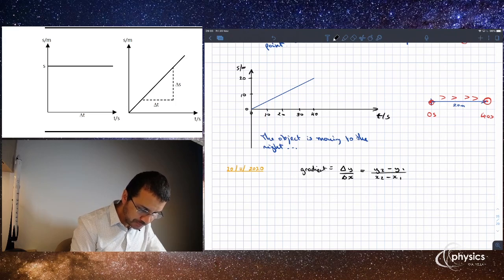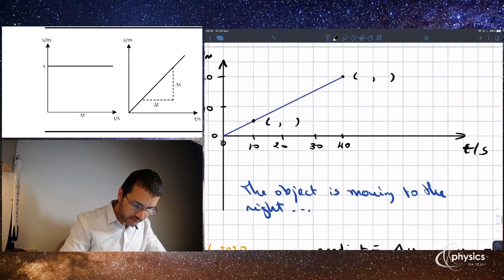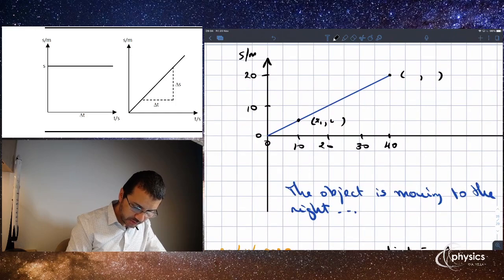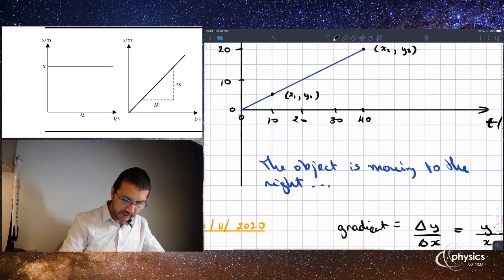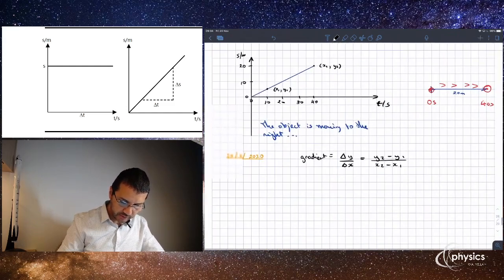So you're going to take 2 points. You can take 2 points wherever you want to. Write down the coordinates. So this is x1, y1, and this is x2, y2. Alright? And then use them in this formula.